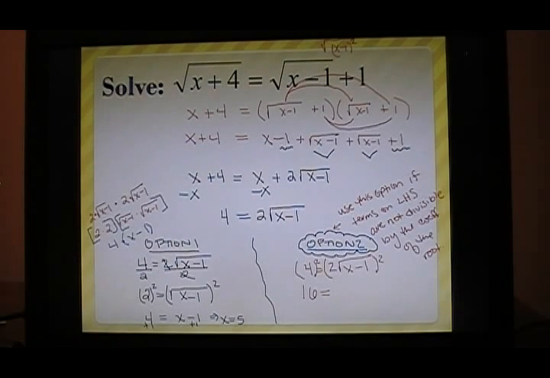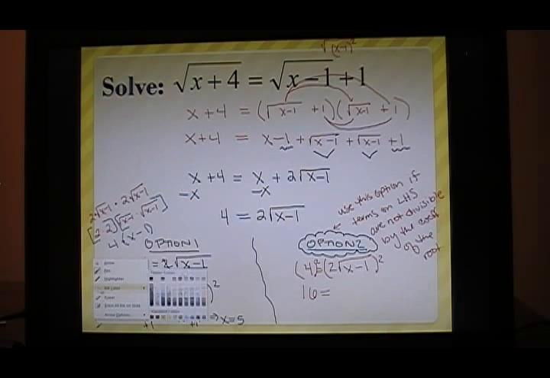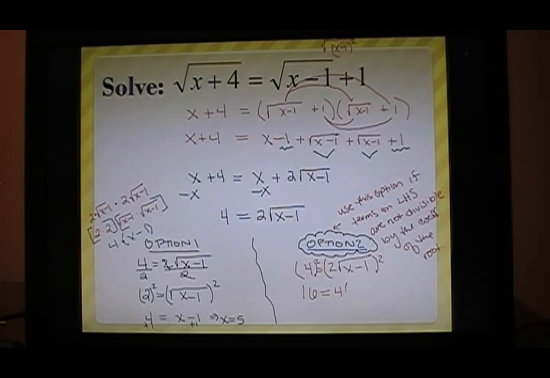Okay? So you just have to make sure that when you've got this coefficient, you not only square your square root, but you square your coefficient as well. And you cannot lose sight of the fact that it is a multiplication. You have to say 4 times this quantity x minus 1.